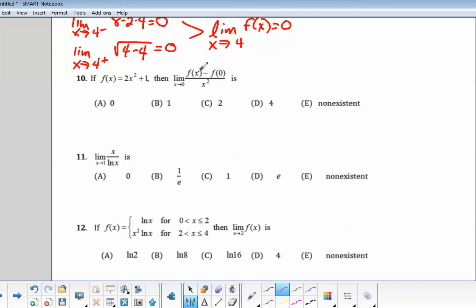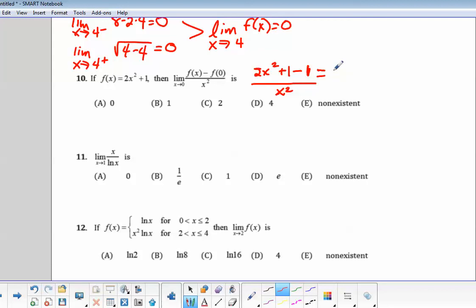So what if I substitute, for f of x, 2x squared plus 1. So 2x squared plus 1 minus f of 0. When I plug 0 into the function, I'm going to get 0 plus 1. So that's going to be minus 1, and over x squared.